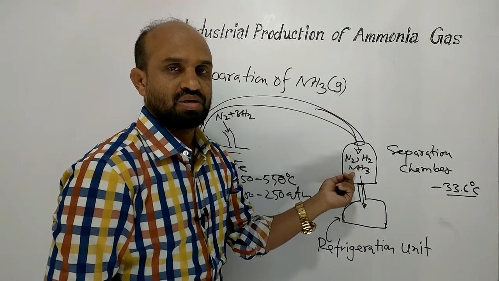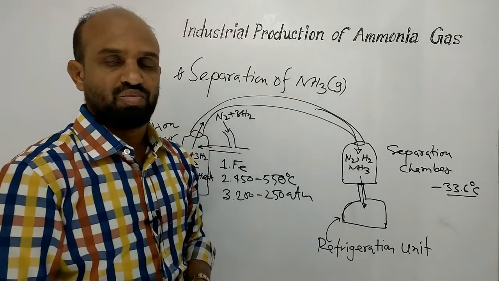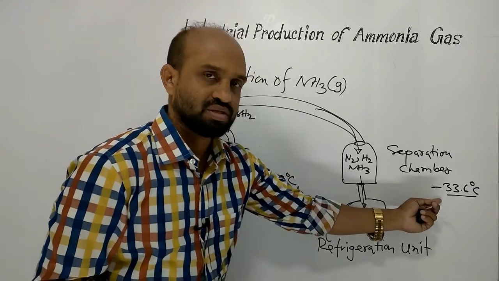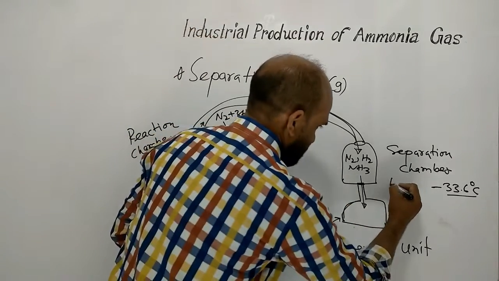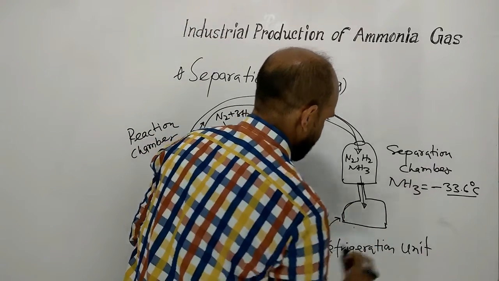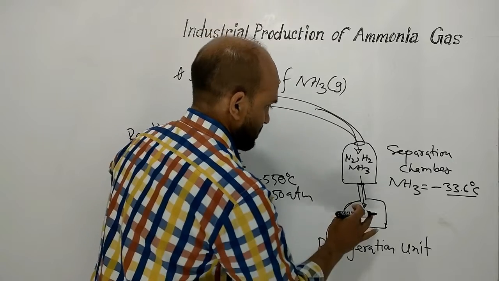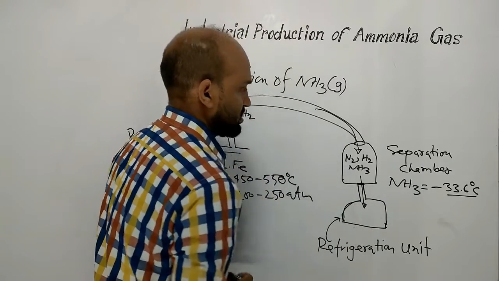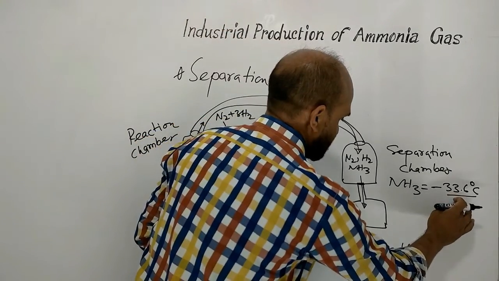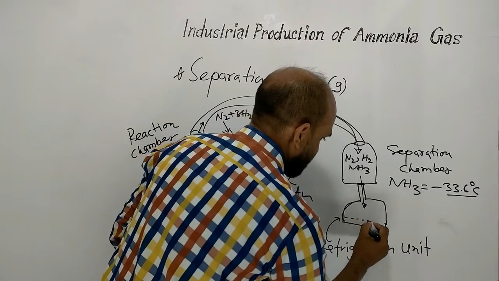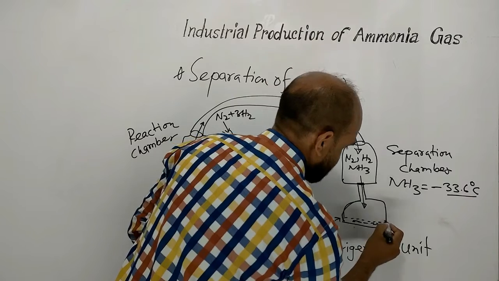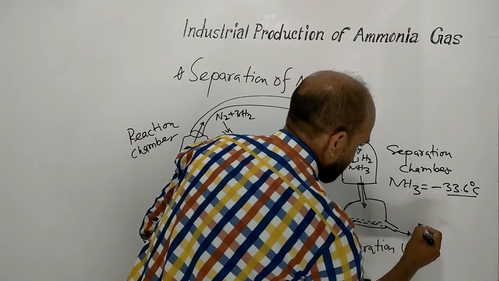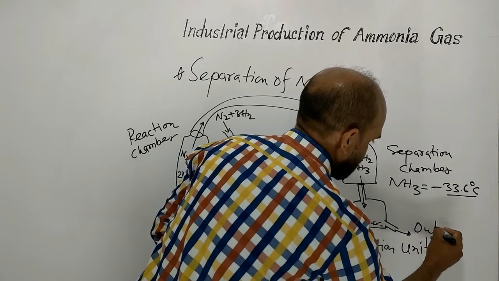That means the condensation point of ammonia is minus 33 degrees Celsius. When the refrigeration unit temperature is decreased to this temperature, then ammonia is liquefied. This is the outlet of ammonia.